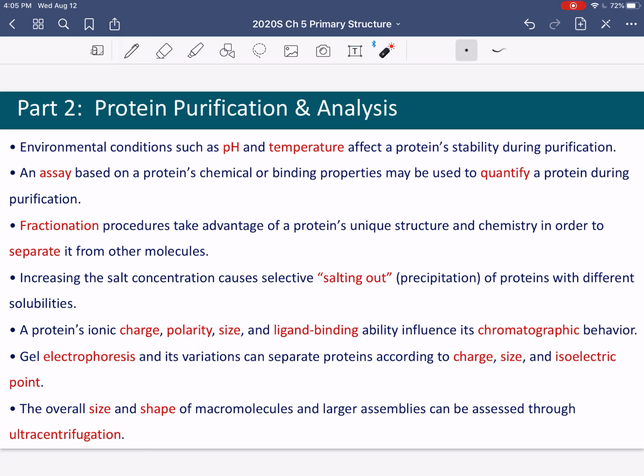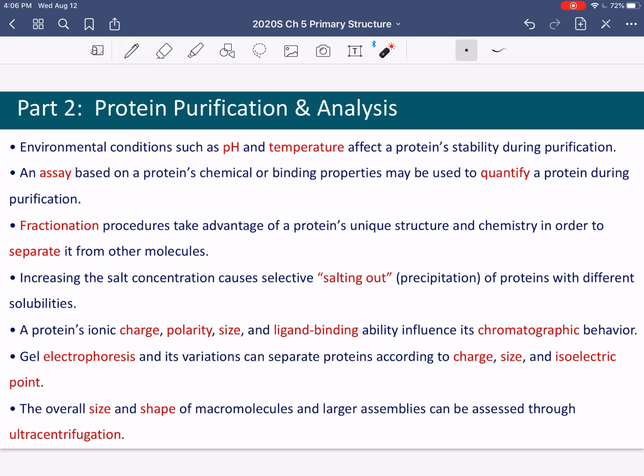We'll separate proteins based on their size and their binding abilities. And then we'll also separate proteins by electrophoresis, which takes advantage of the charge and size of a polypeptide. And in some cases, some specialized types of electrophoresis take advantage of their net charge at a specific pH. So we'll talk about isoelectric point.